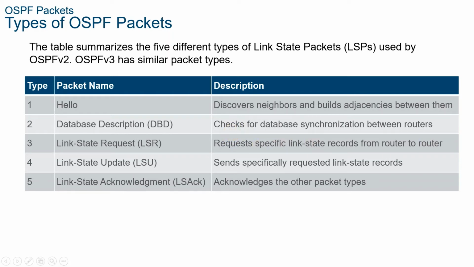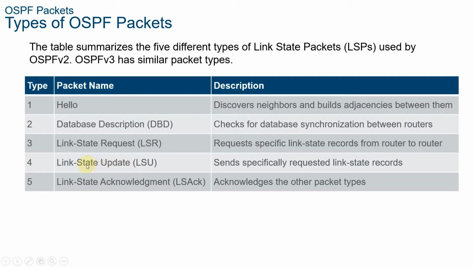The third one is type 3, the link state request, or LSR. Receiving routers can then request more information about any entry in the DBD by sending an LSR. LSR basically requests specific link state records from router to router.